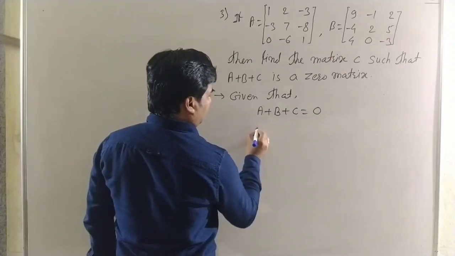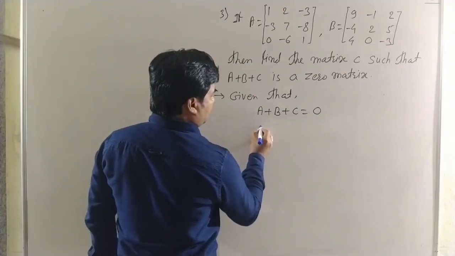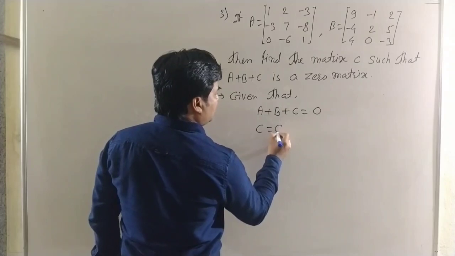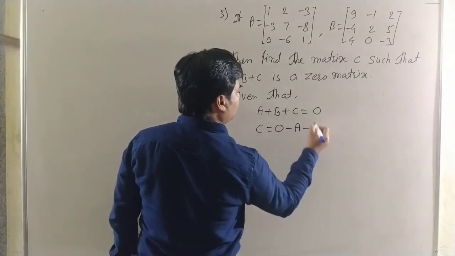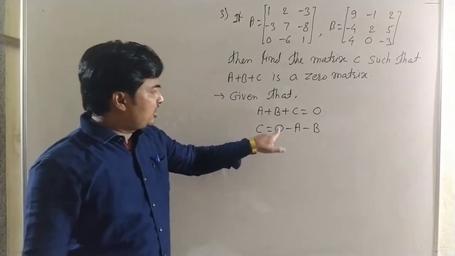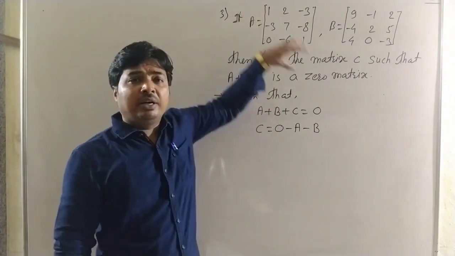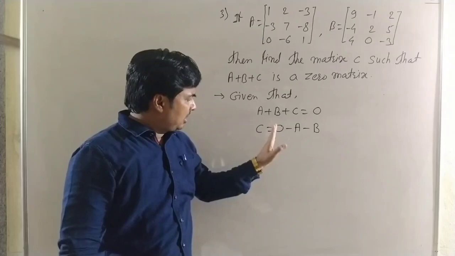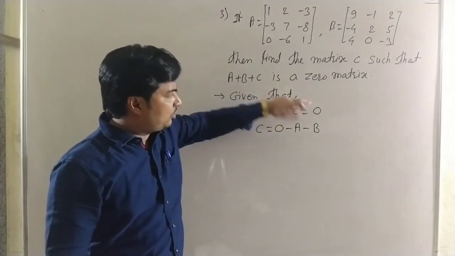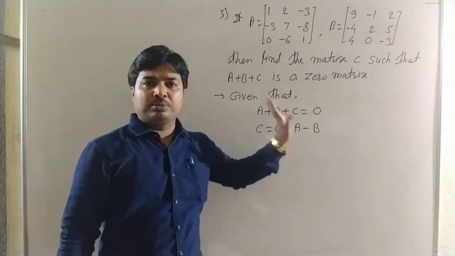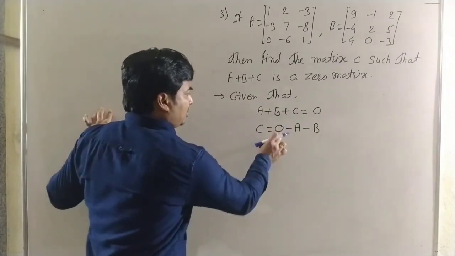C is equal to 0 minus A minus B. Here 0 is a zero matrix of the same order as matrices A and B. We can directly write minus A minus B. Okay, it is sufficient.